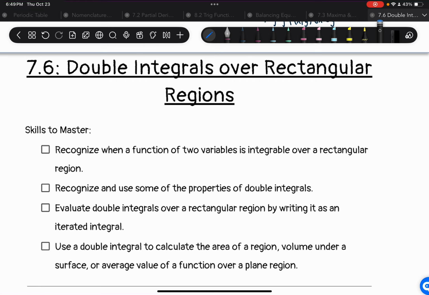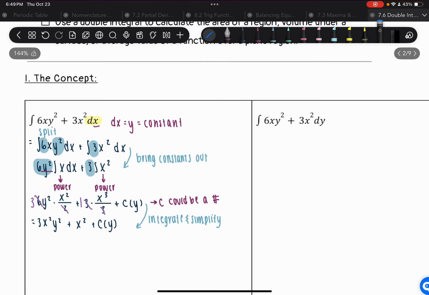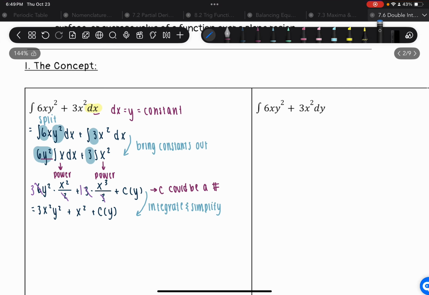I'm just going to be focusing mainly on doing double integrals and how to do it and how to get through it. So here is our main concept.